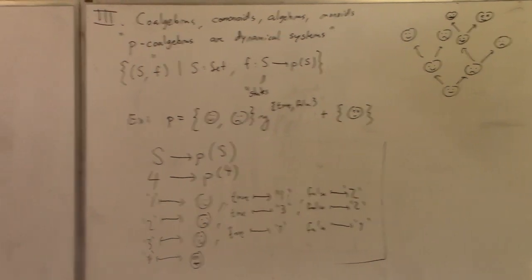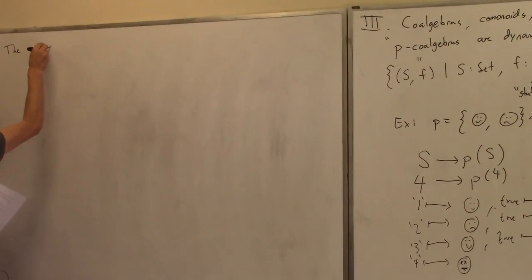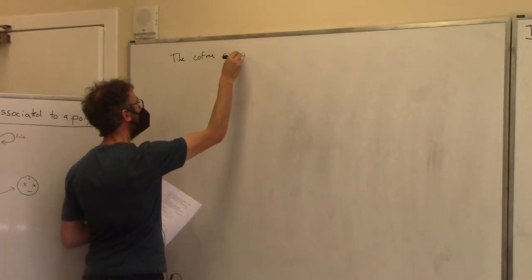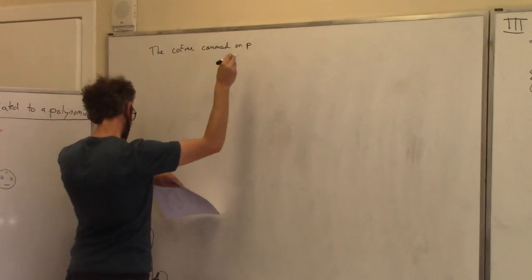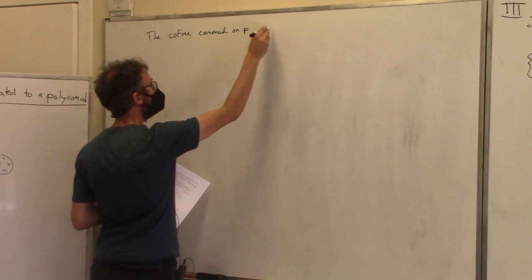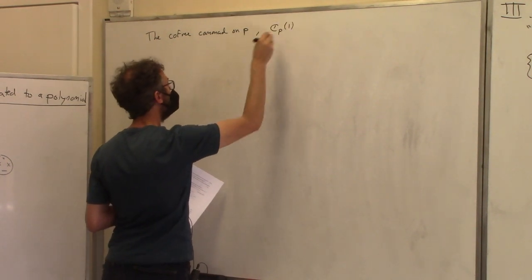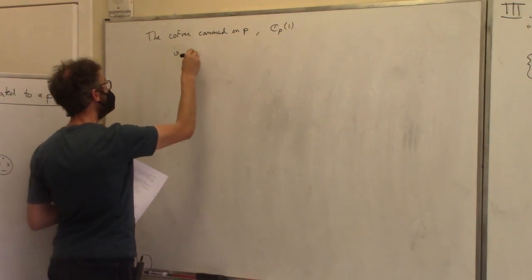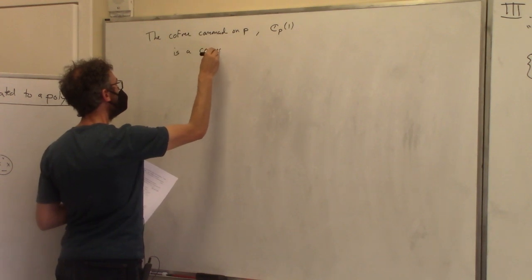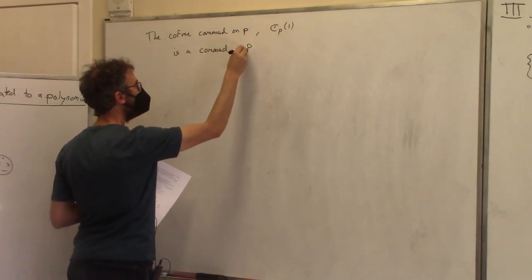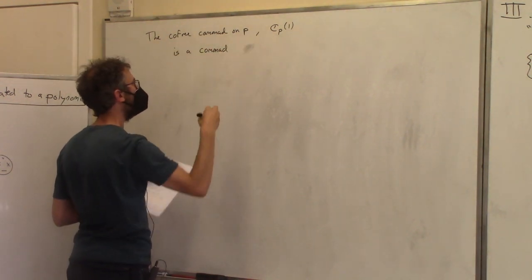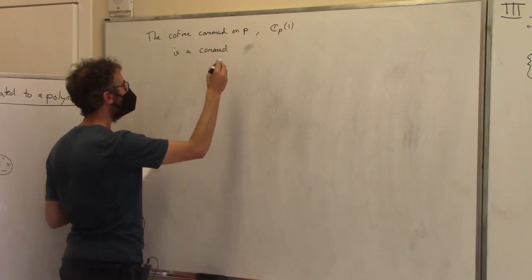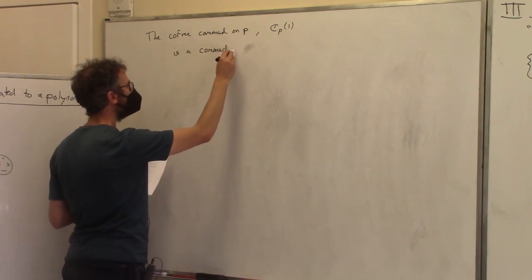Okay, the cofree comonad on P, which I'm denoting C_P, is a comonad, and it's given as follows.